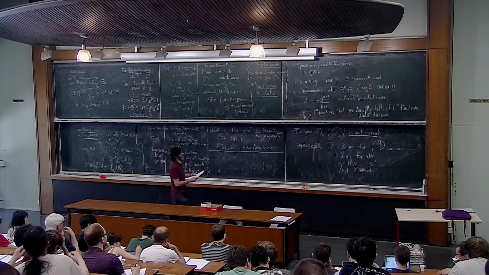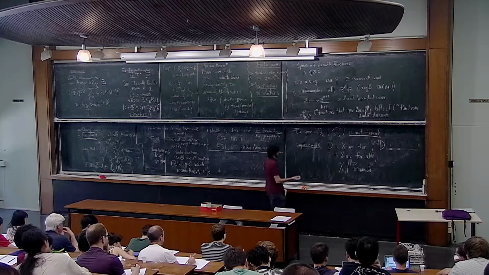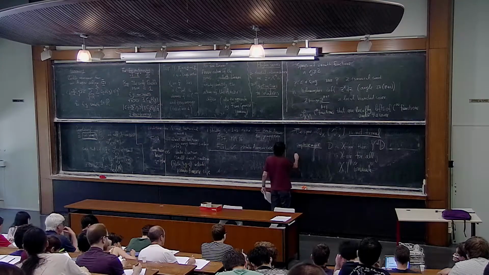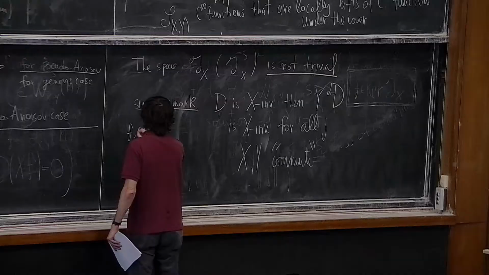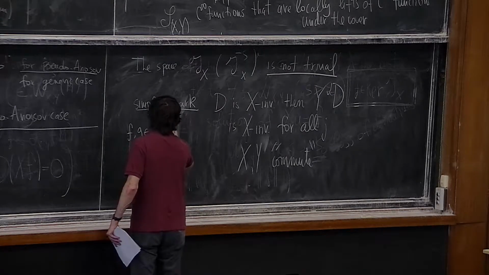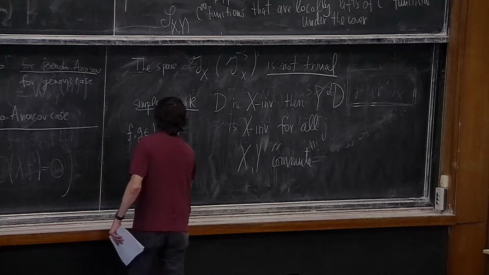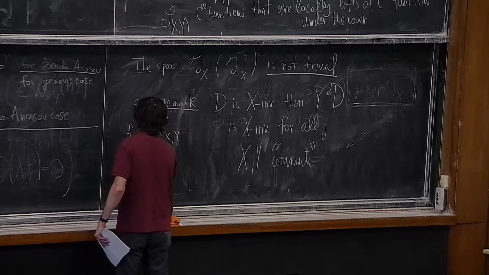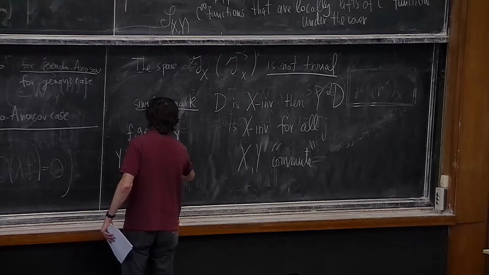They commute, for instance, on functions which are sufficiently irregular. In the sense that if f belongs to the space W2, then certainly it's true that YXf is equal to XYf.